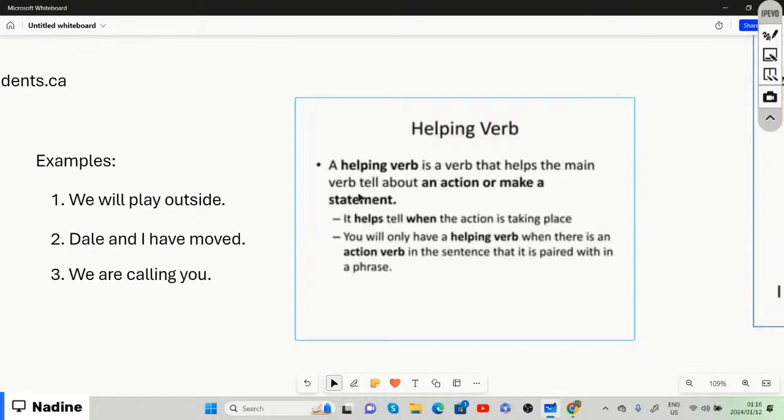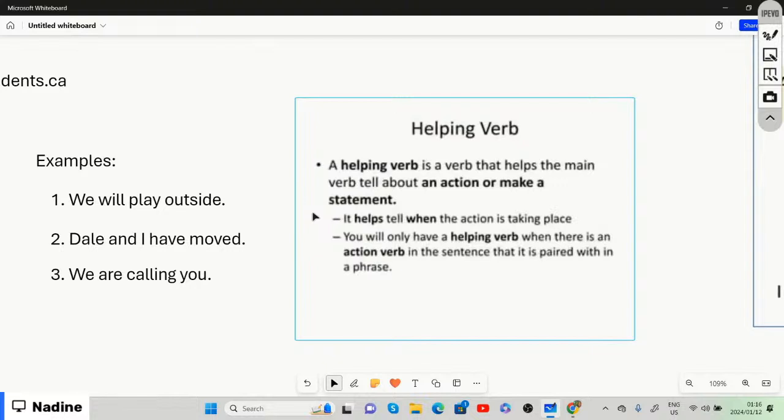It basically helps the main verb tell about an action or make a statement. It helps the main verb to show the action, so it basically helps when the action is taking place.